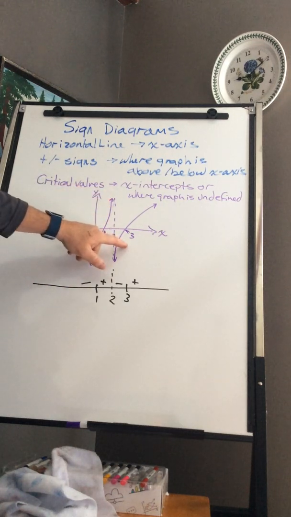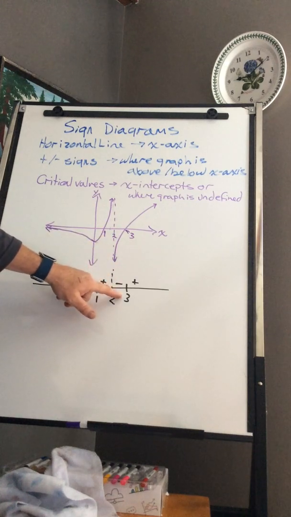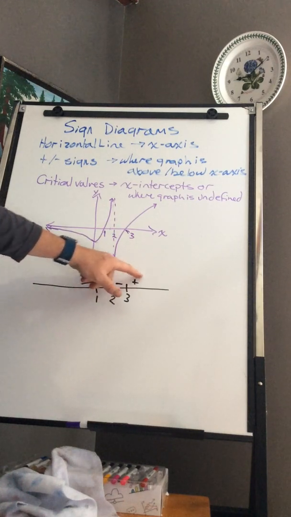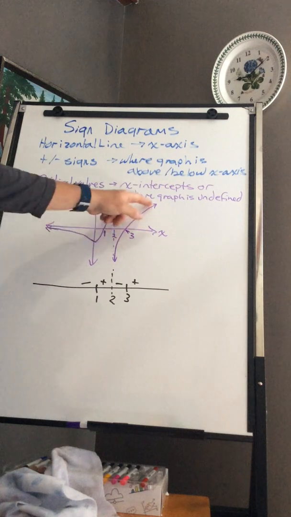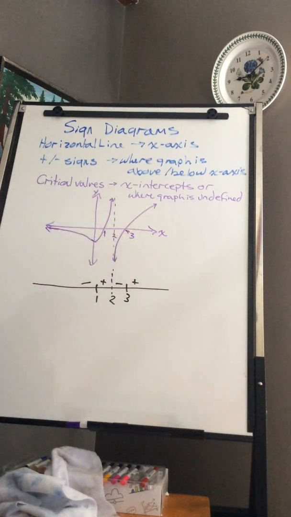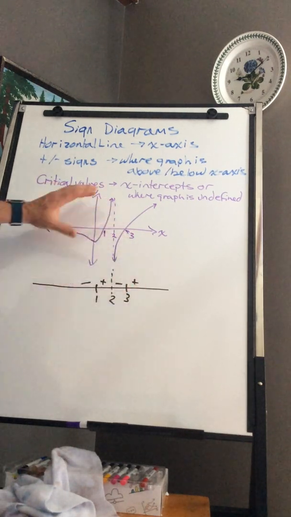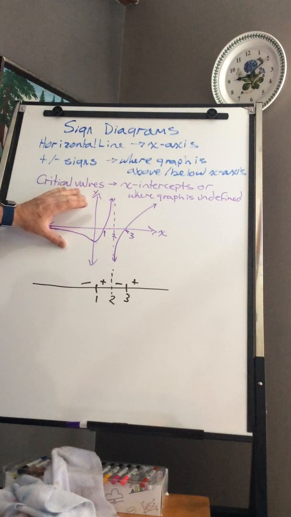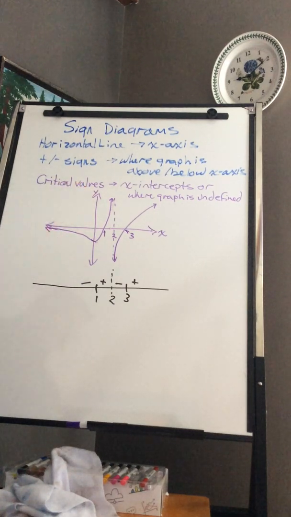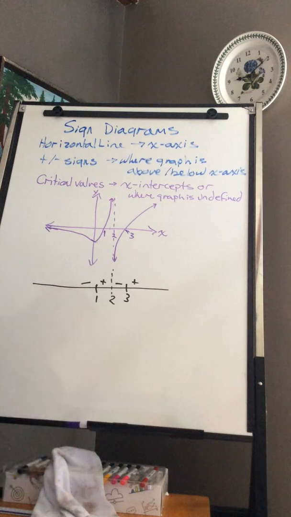Between 2 and 3, it's below. And above 3, it's above, so it's positive. So we have a sign change between each place. That doesn't always happen, but this is a sign diagram to explain some of the things going on with this graph. So we'll do a couple examples.